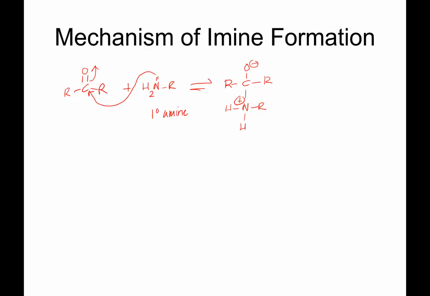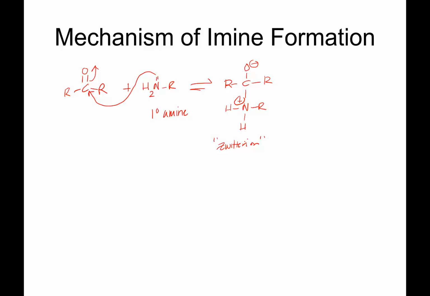Now I end up with a positive charge on the nitrogen and a negative charge on the oxygen. Whenever you have a species with a positive and a negative charge, the older term for that was a zwitterion. And that's what we have here.